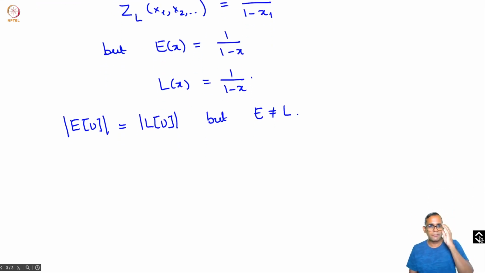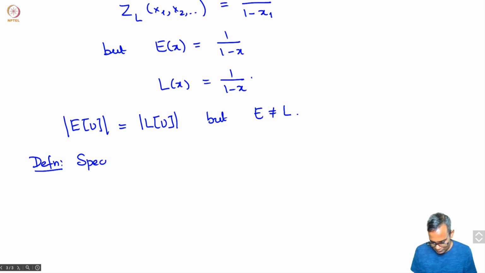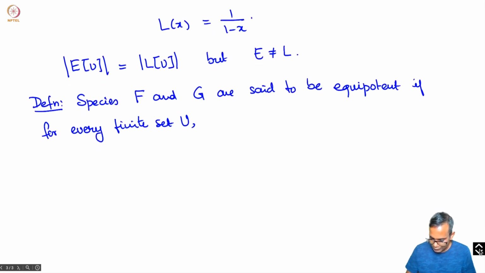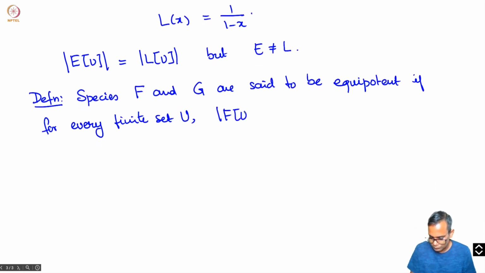So there's a weaker definition than isomorphism, which is called equipotence. Species F and G are said to be equipotent if for every finite set U we have that the cardinality of FU is equal to the cardinality of GU.